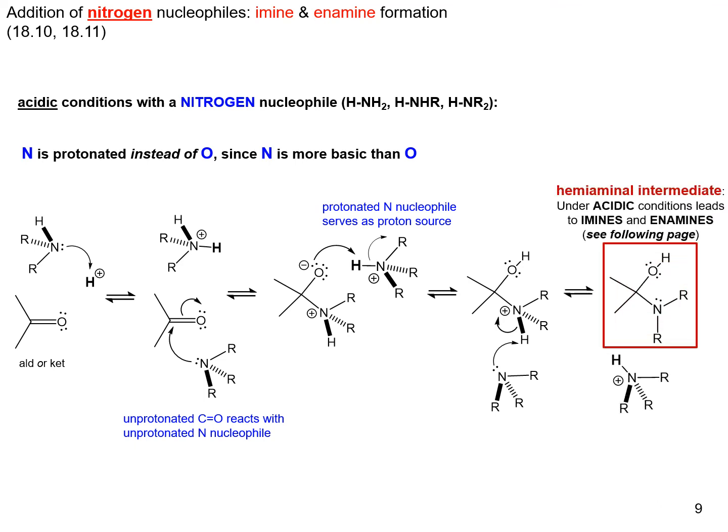In this case here, we end up with what can be called a hemiaminal intermediate. Remember the hemiacetals. And under acidic conditions, these hemiaminal intermediates will lead to stable compounds called imines and enamines, as shown on the following page.